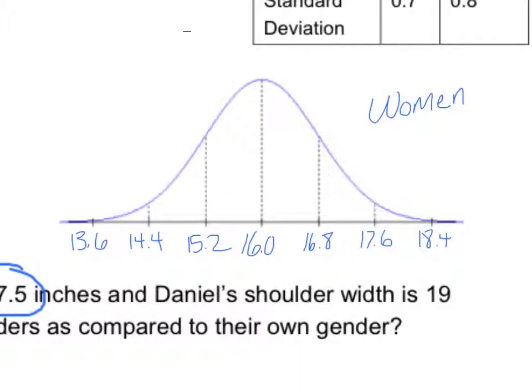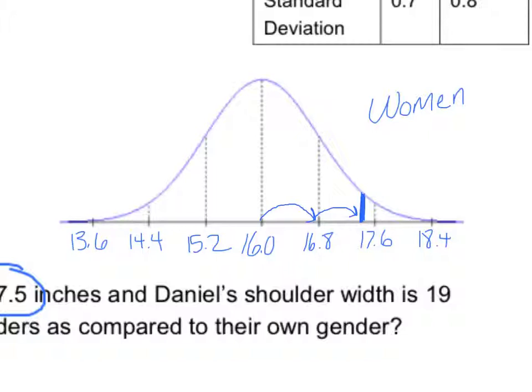If we had to ballpark it, it's probably about right there. So her shoulder width is about maybe 1 and some change standard deviations, not quite 2.